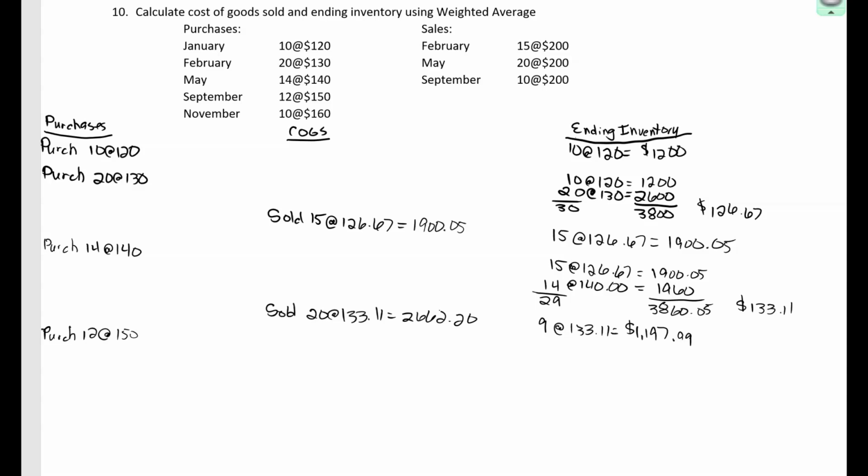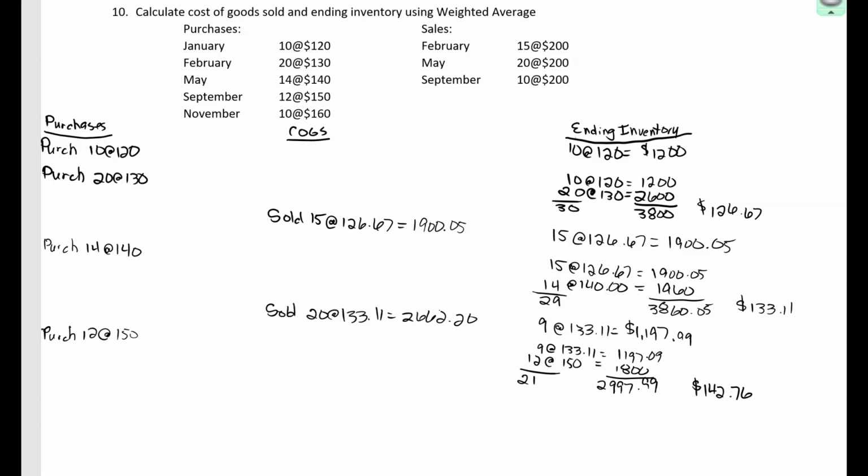So in ending inventory we have 9 at 133.11, and then we have the 12 that we just purchased at 150. We have 21 in inventory, a total cost of $2,997.99. Take that number, divide it by 21, and you get 142.76.